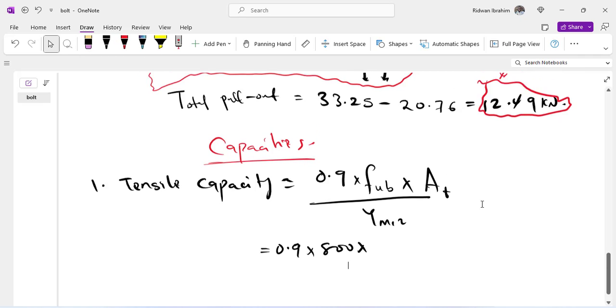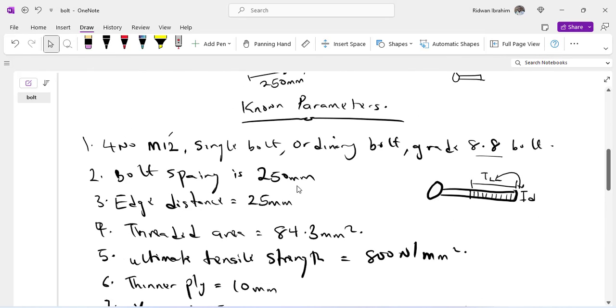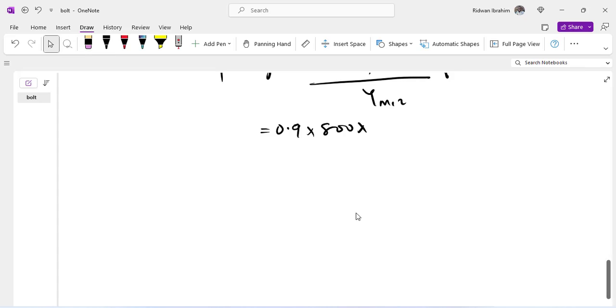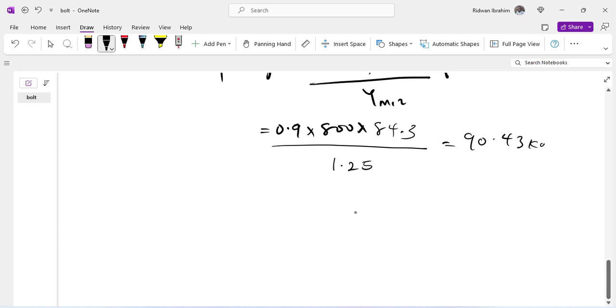For 12 mm, the threaded area is 84.3 millimeter squared, and your gamma M12, which is your partial factor of safety, is 1.25 as discussed. So if you put all this, you will have 90.43 kilonewton. So this is your shear capacity. Sorry, this is your tensile capacity.